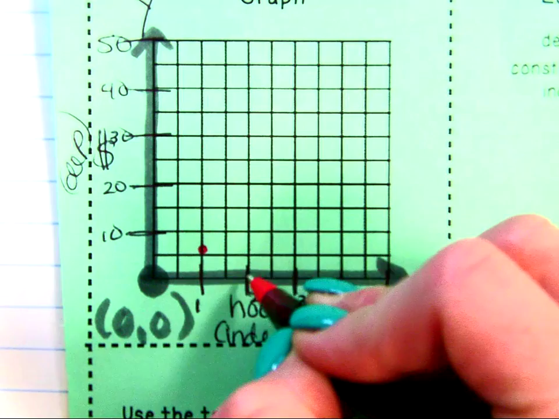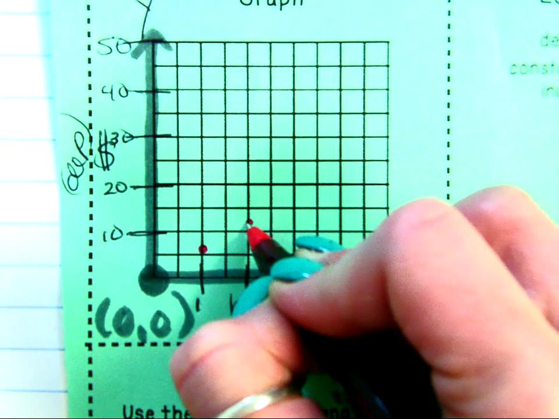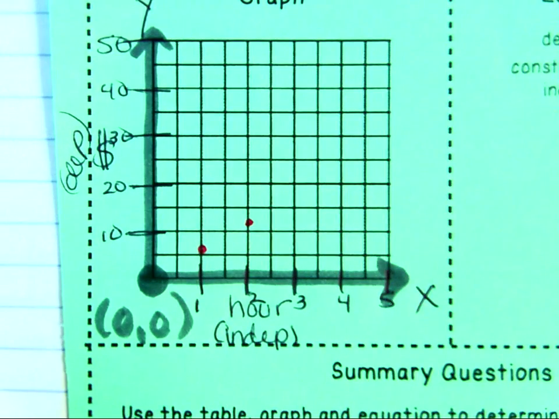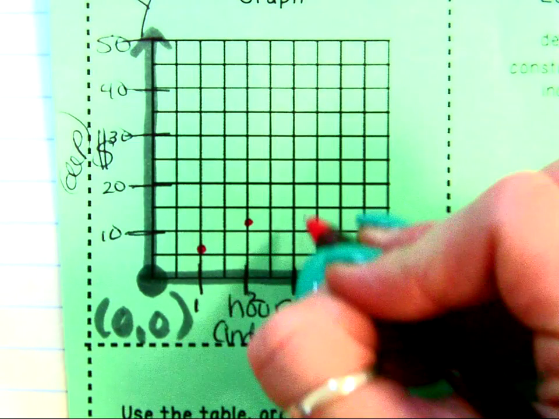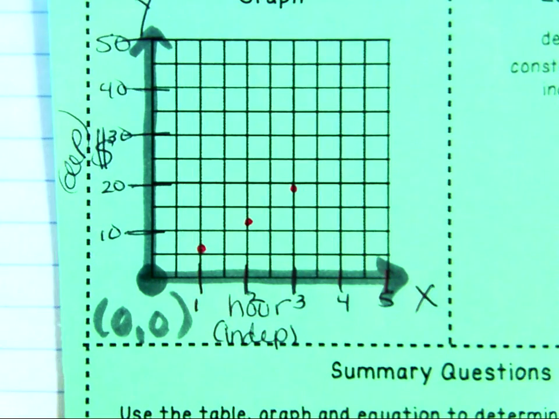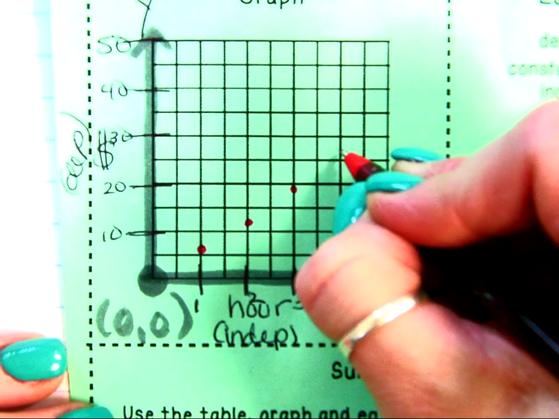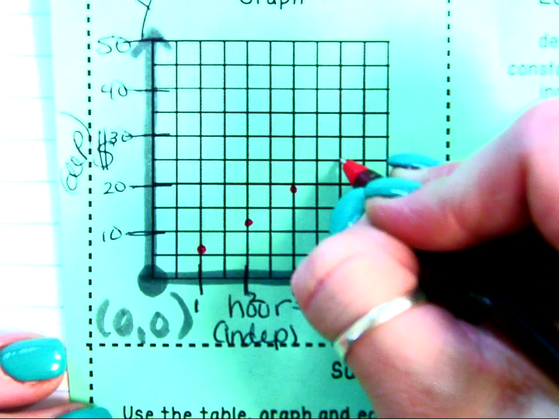Well, if that's 10, 2 would be a little above it. 3 hours would be 18, which is going to be a little under 20. 4 will be 24, which is going to be a little under here. And then 5 will be 30.